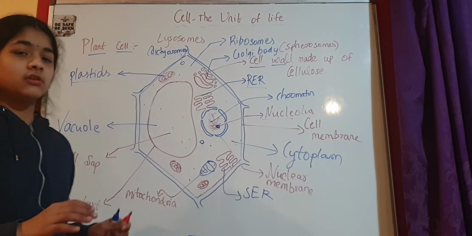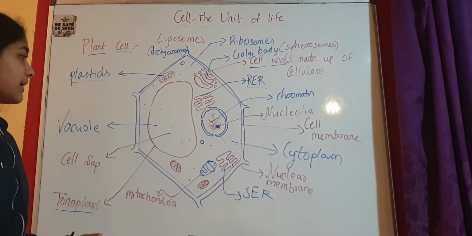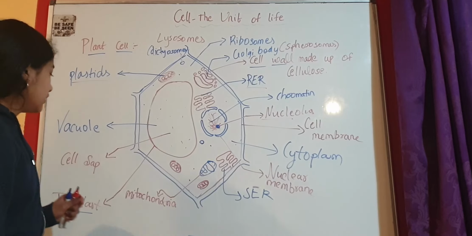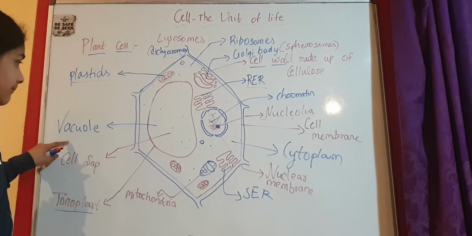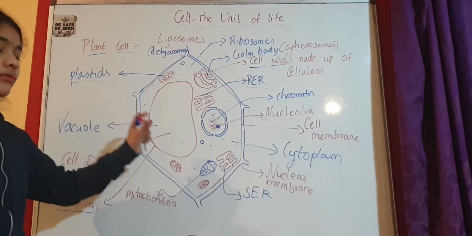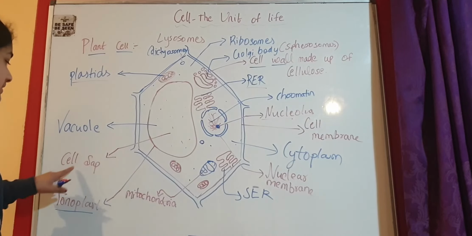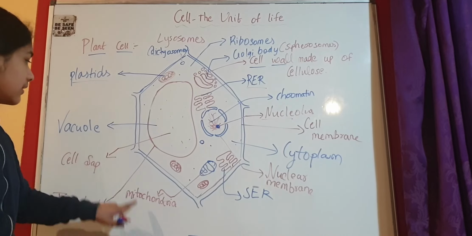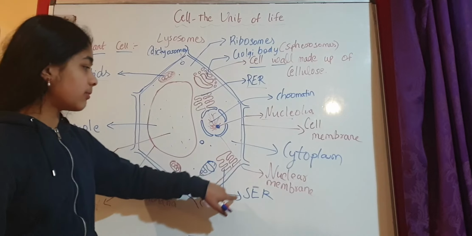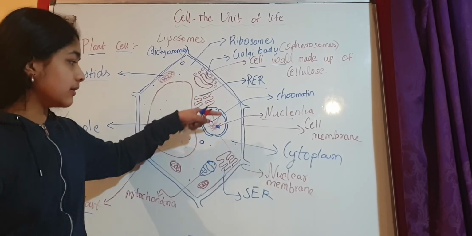So this is the overall structure of a plant cell. Let's go over each and everything again and take a look at it. First, vacuole, cell sap. The cell sap is the fluid substance which is present in the vacuole. Tonoplast, the membrane of the vacuole. Mitochondria, SER, smooth endoplasmic reticulum. Nuclear membrane, the membrane of the nucleus.